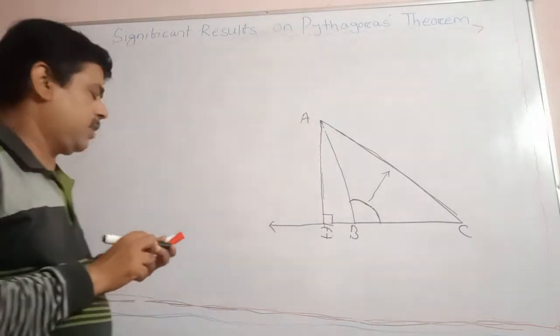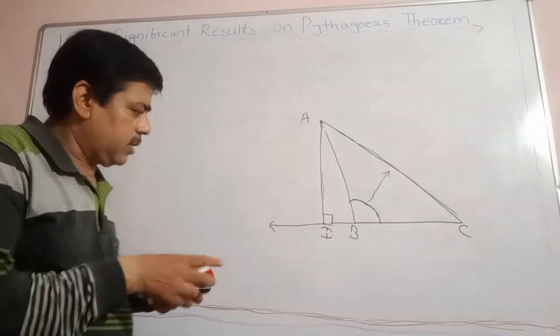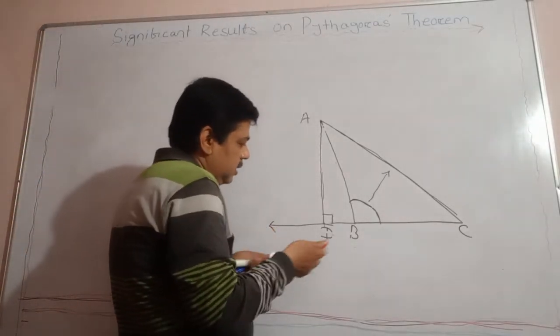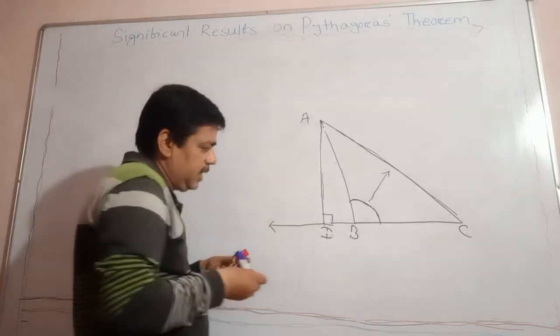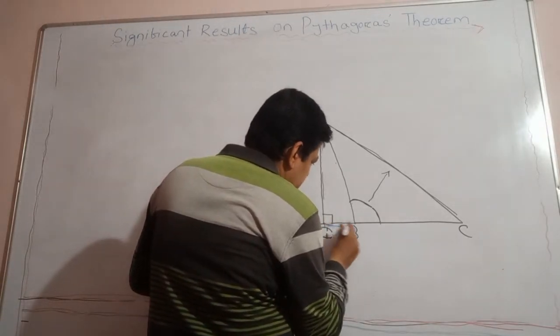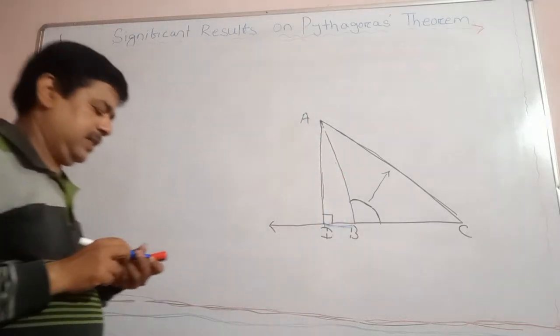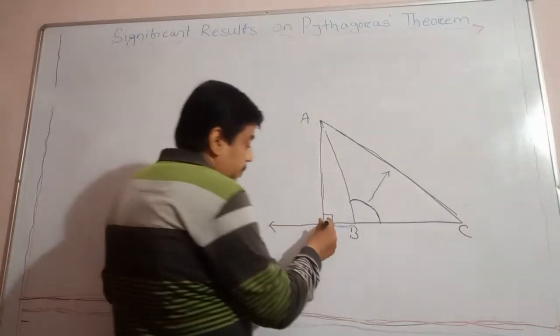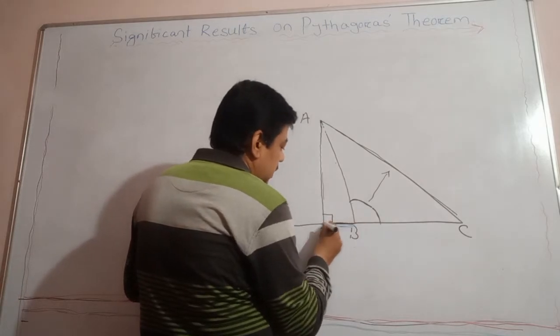Here is one new concept that I want to tell you. Remember, you see the side BD. Are you looking at the side BD? This is the BD part. Is it clear?